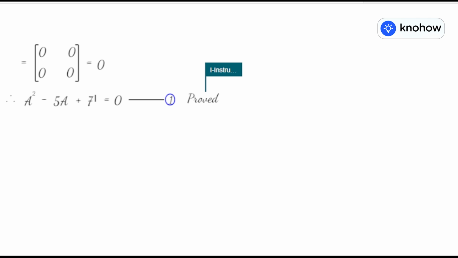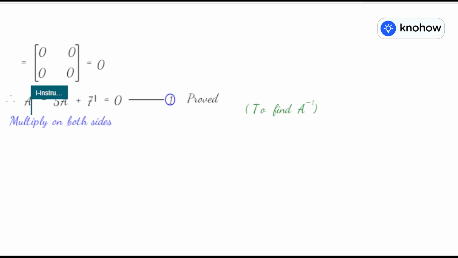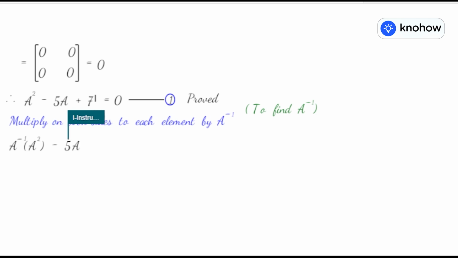Now to find A inverse using this result, what do you do? Multiply on both sides by A inverse. So you get A inverse into A square minus 5 times A inverse into A plus 7 times A inverse into I, and on the right side also A inverse into 0 matrix.